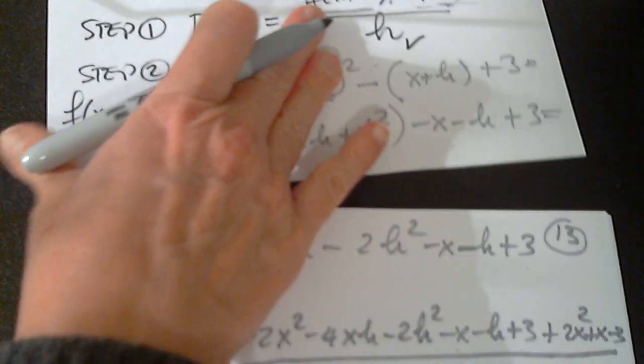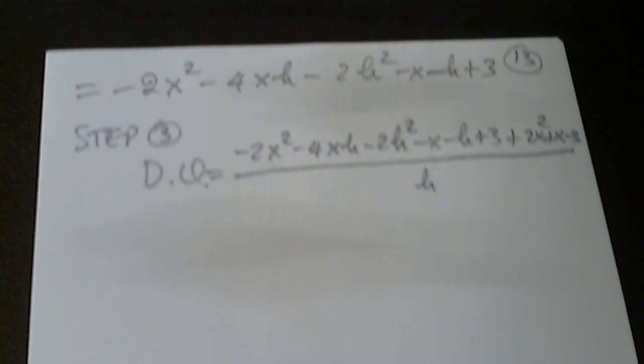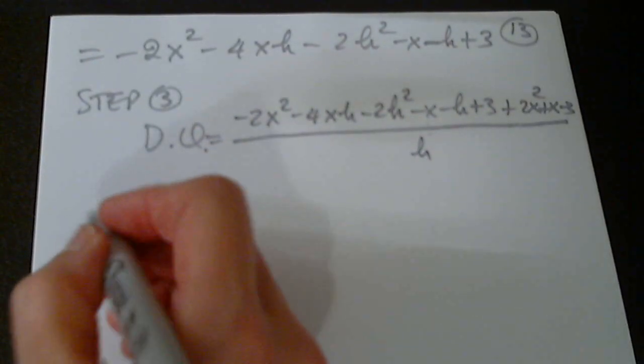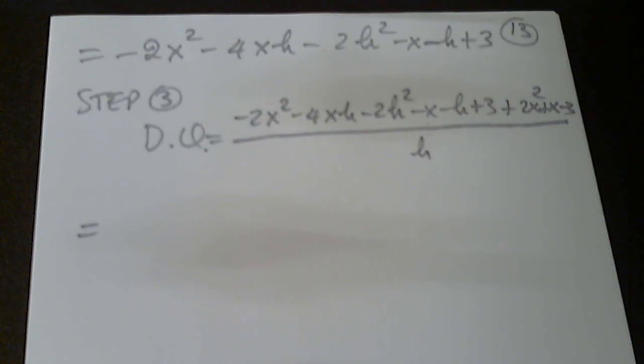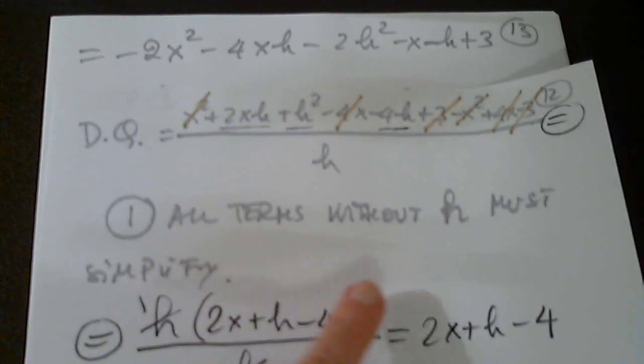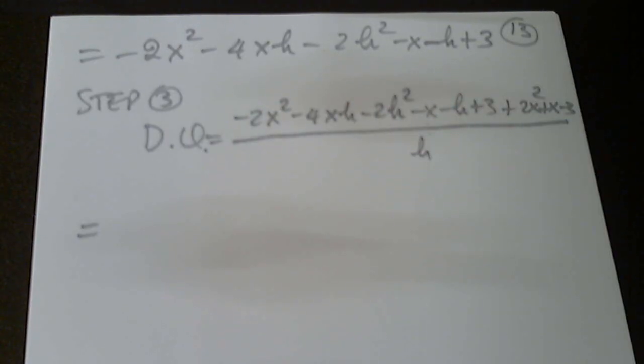Perfect, excellent. Now, what is the first note? What has to happen no matter what? Otherwise, I'm in trouble. At this stage, what has to happen? Mandatory. Return to the h will simplify. Excellent. Perfect.